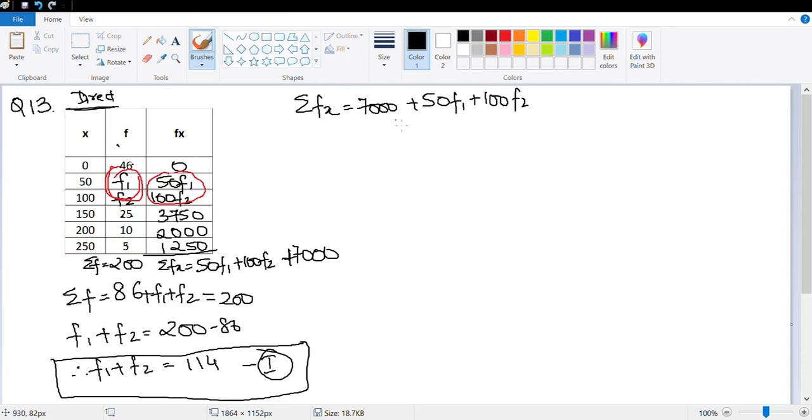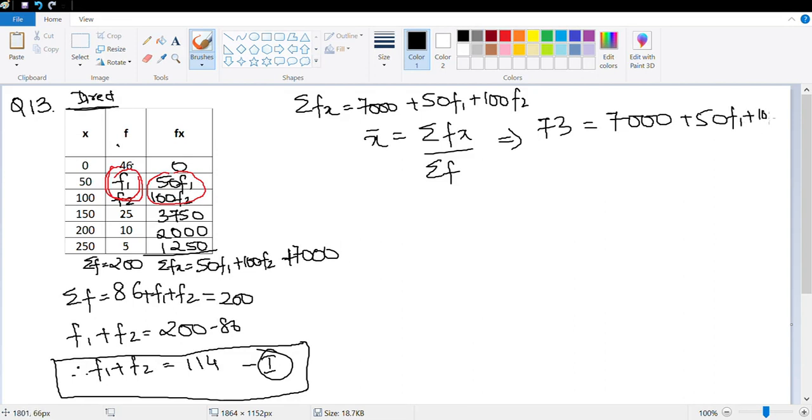Let's see if something else is given in the question. As per the question, mean is 73. So mean is equal to summation fx upon summation f. This means 73 is equal to summation fx, which is 7,000 plus 50 f1 plus 100 f2, upon summation f, which we know is 200.